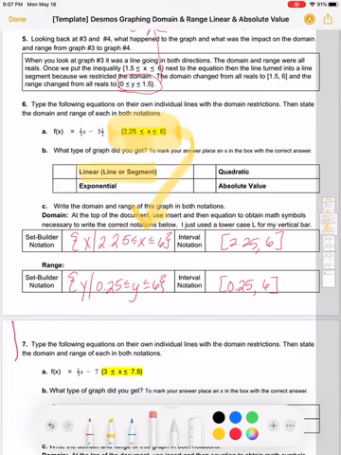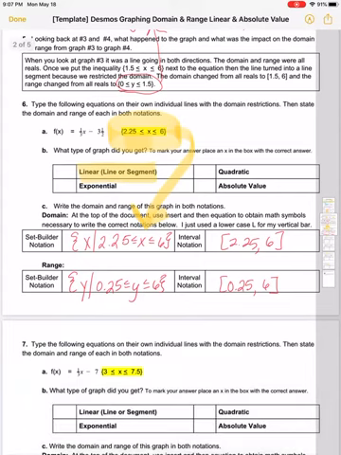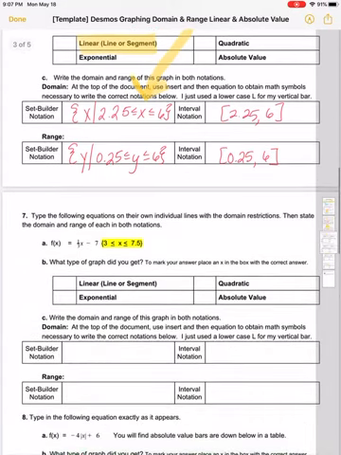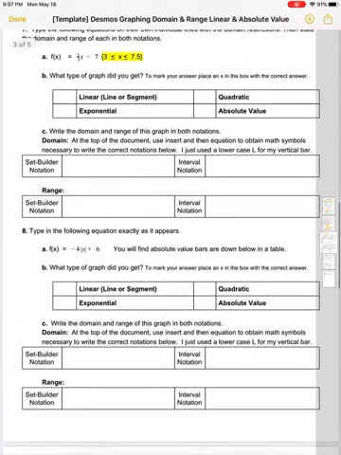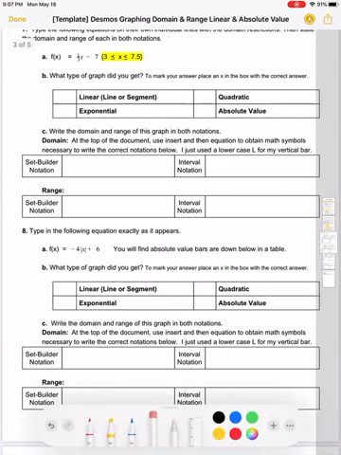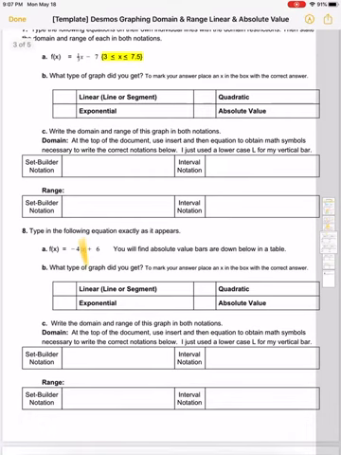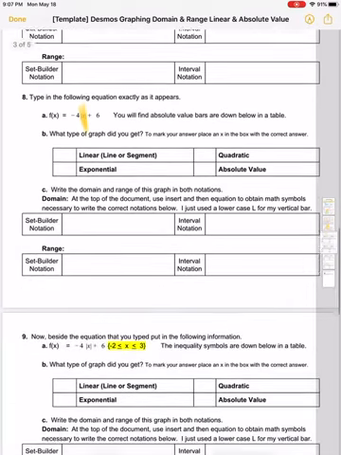So if you look down at number 7, it's the same equation, but you've changed your x values. So guess what? It's going to be a line. Now, when you get down to number 8, it's going to change because what do you have right here? So what is that going to make it?